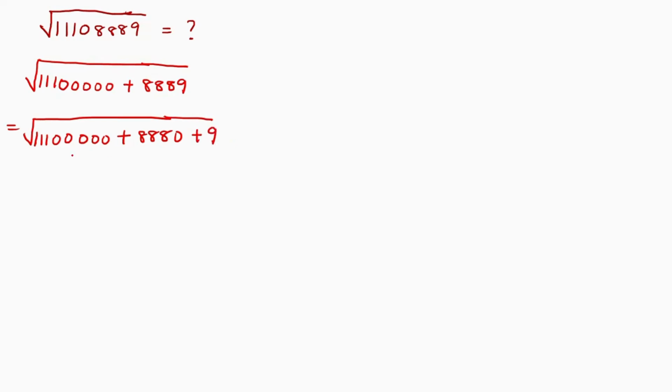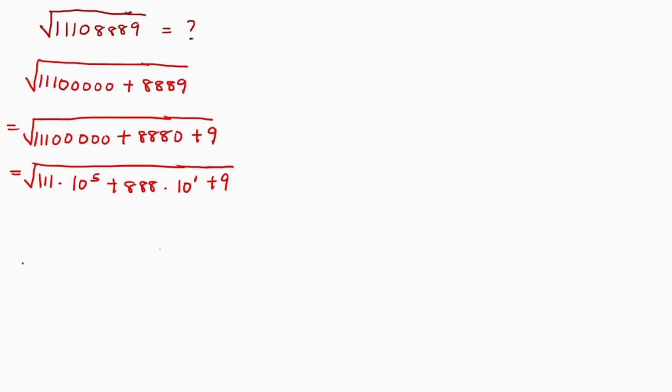So this can be written as 111 multiplied by 10 raised to the power of 5 in standard form, plus 888 multiplied by 10 raised to the power of 1, plus 9.